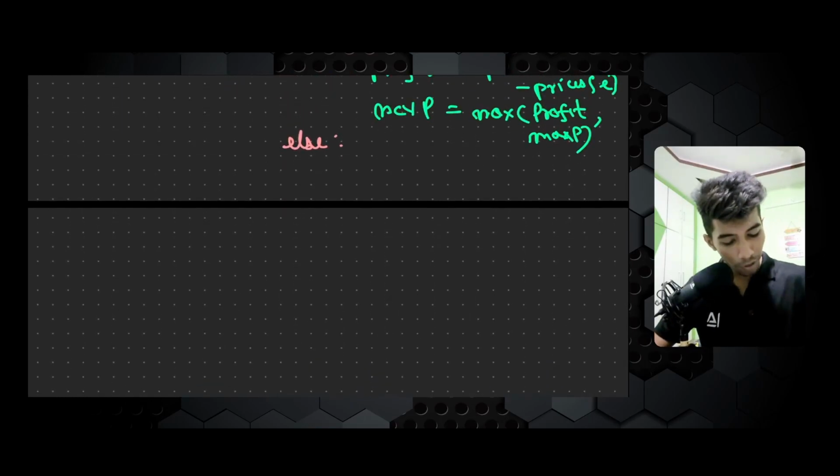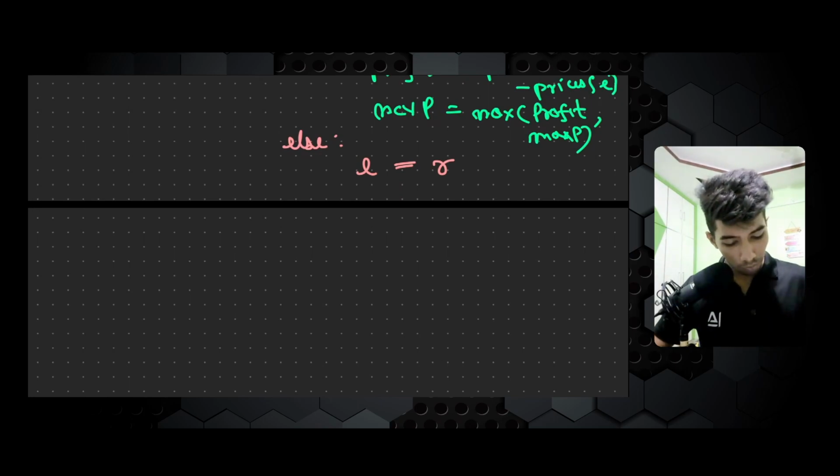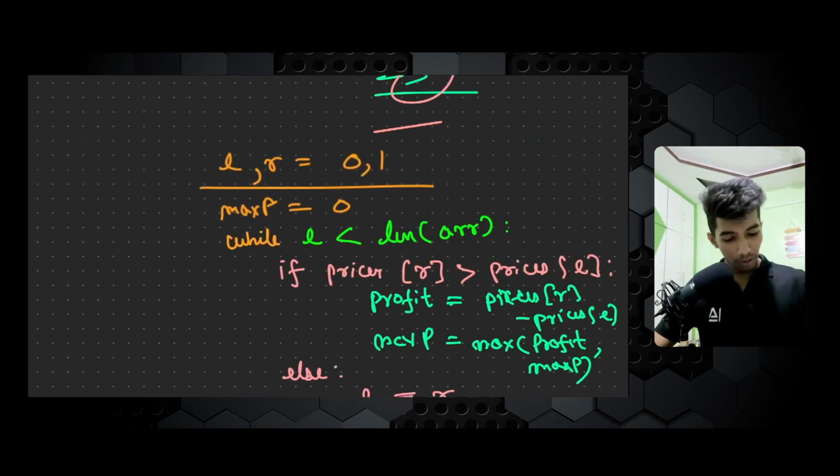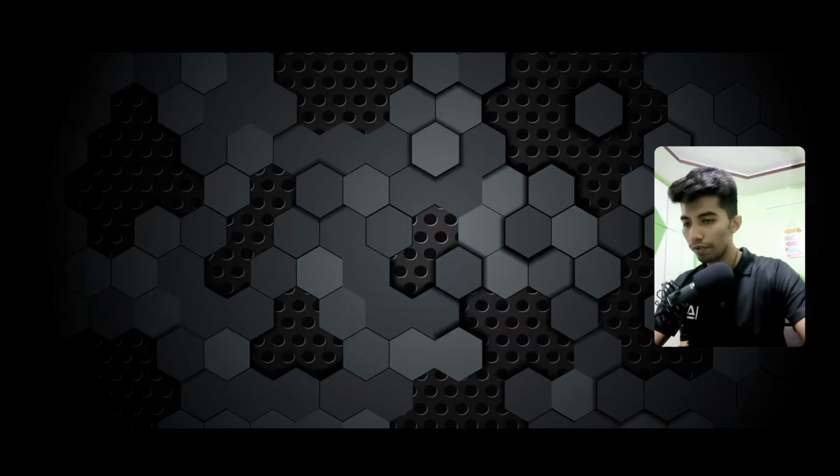So if this happens, then I will just change my L pointer to R. Simple. And meanwhile I will increment my R by 1 and then I will return the max P. Simple and easy thing to solve. So let me code this solution and let's find out what answer we will get.